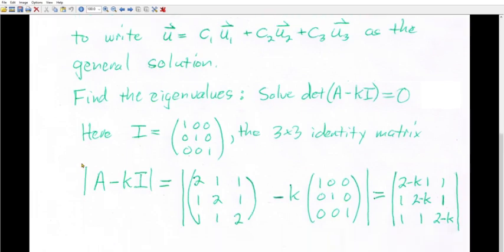And you'll recall, to find the characteristic polynomial, we calculate the determinant of A minus KI. And when that's 0, the roots will be the eigenvalues.